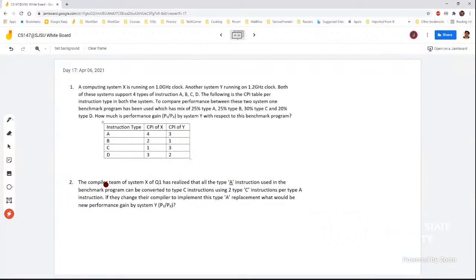Here you see in this example, your software team is involved. There is nothing to do with the hardware side, no design change, nothing else. It is a compiler team who builds a compiler, targeted to compensate performance for that specific benchmark program on this new architecture.